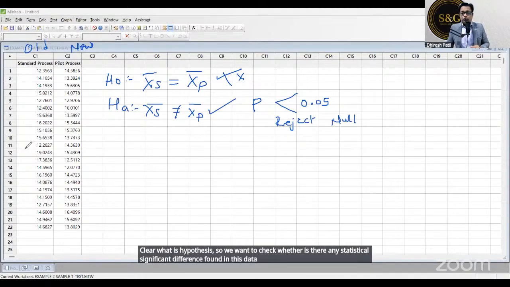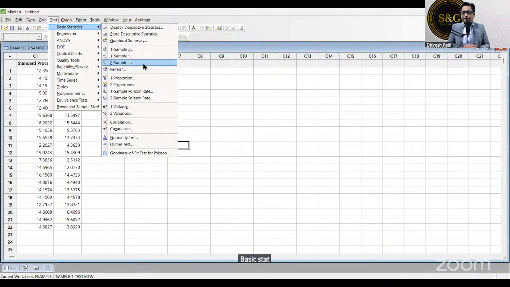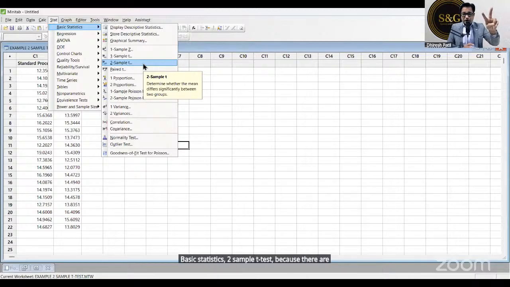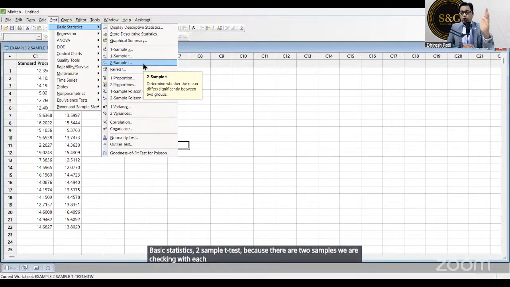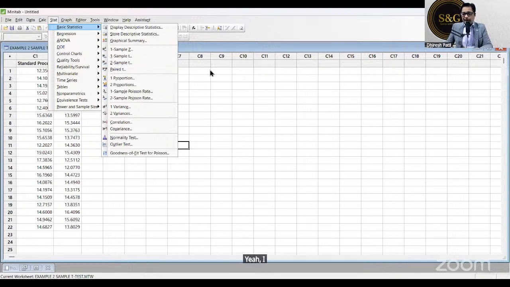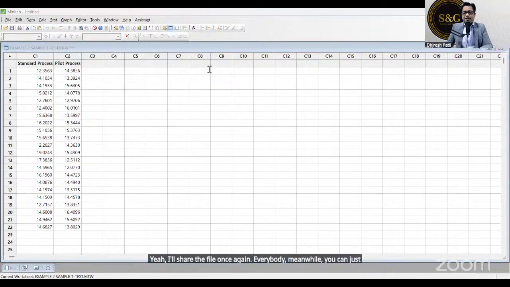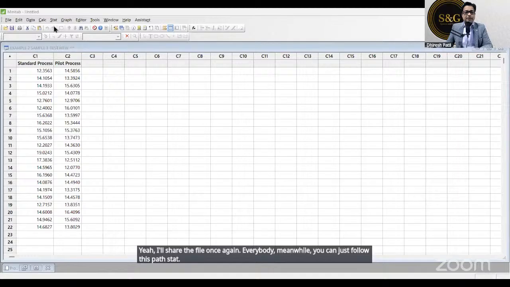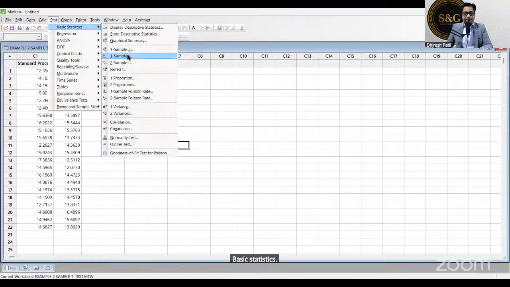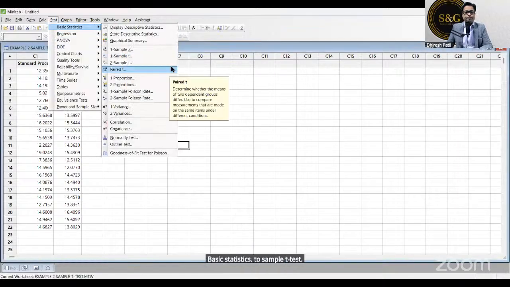Okay, so how do we do that? Go to Stat, Basic Statistics, 2 Sample t-test, because there are 2 samples we are checking with each other. That is called 2 sample t-test. Yeah, I'll share the file once again. Everybody, meanwhile, you can just follow this path: Stat, Basic Statistics, 2 Sample t-test.